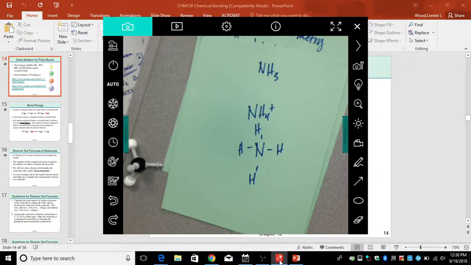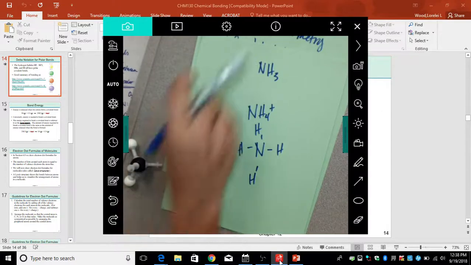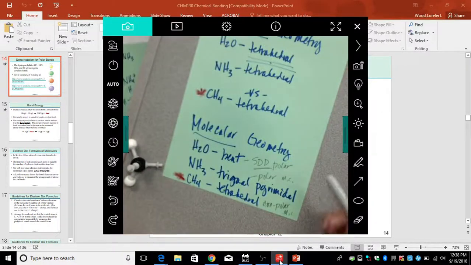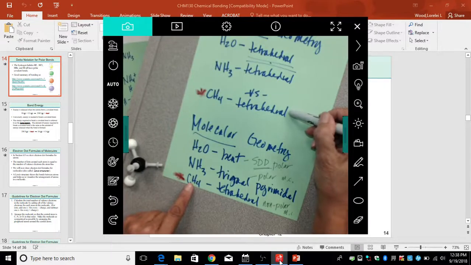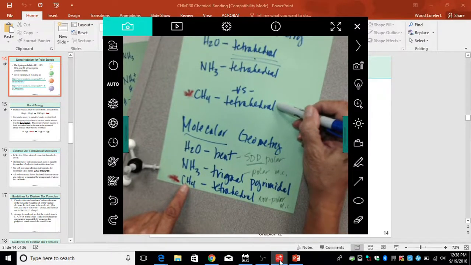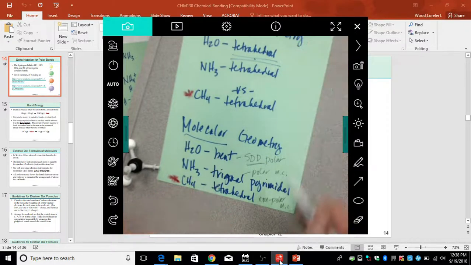I'll give you an example. CH4, electron and molecular geometry were the same, it's nonpolar. If the electron and molecular geometry are different, then it's generally polar, and that's because you usually have non-bonded electron pairs around the central atom. And that, not always, but most of the time, makes them polar.